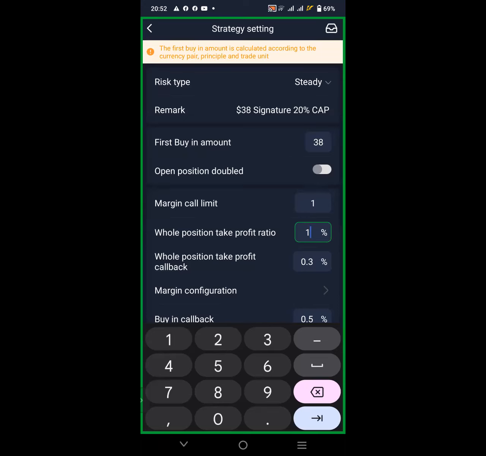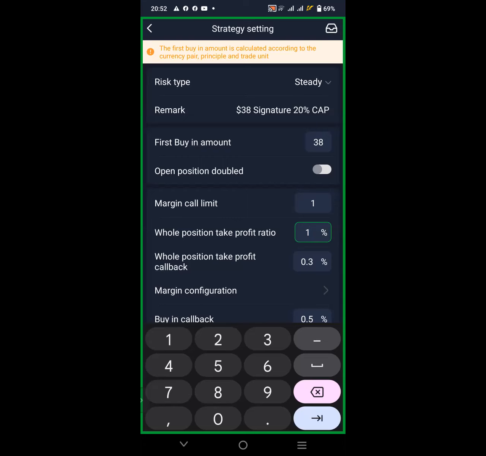So this is beautiful. The whole position take profit callback means if there's a retracement, a minor drop from the profits that are already there, more than 1%, that drop must be by 0.3%. When it is 0.3%, the robot will lock in the profits. Let me give an example. If you are now 2% into profit because there was a bullish move upwards, a bullish momentum, that green candlestick, and all of a sudden you are 2% into profit, the robot is happy.